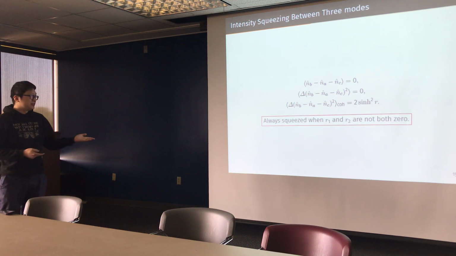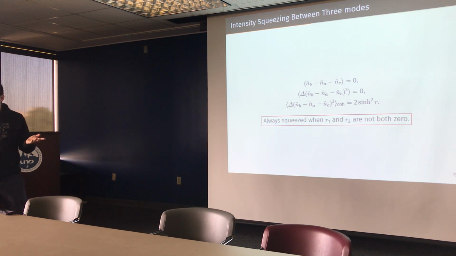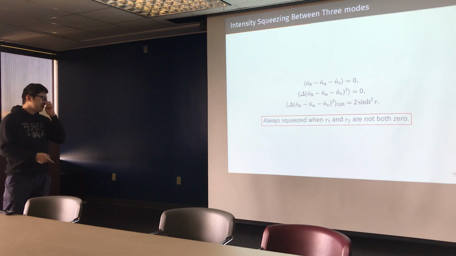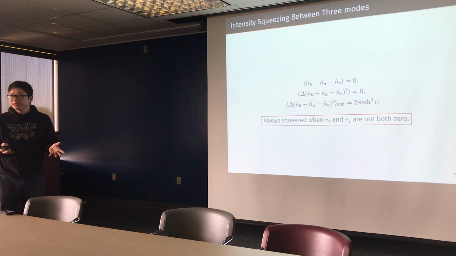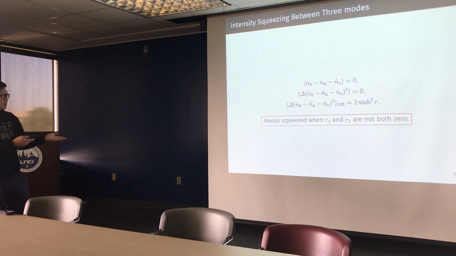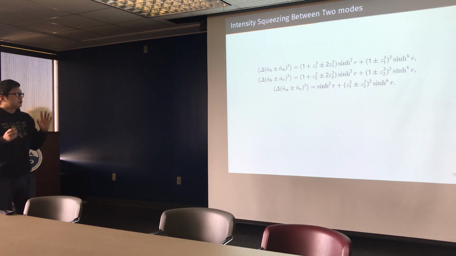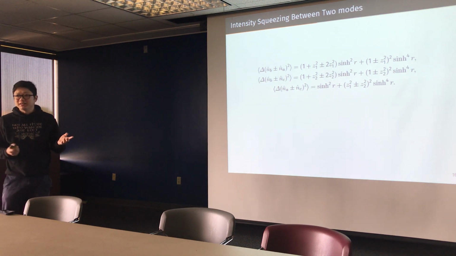And we can see that this operator is always squeezed if R1, R2, and R are both nonzero. This is the exact same thing as a two-mode squeeze vacuum where you take the intensity difference between the two modes. Here we have 3 modes, so we take the intensity difference between B and the sum of A and C.